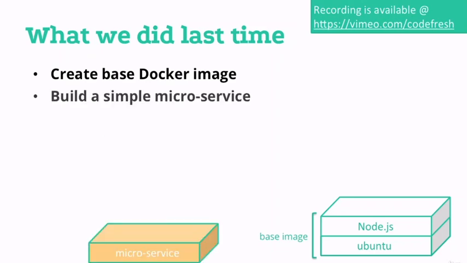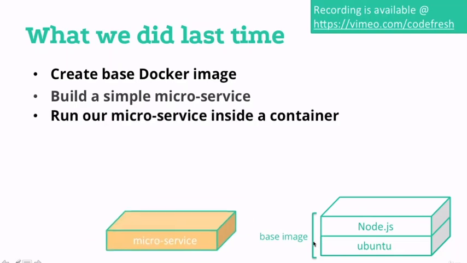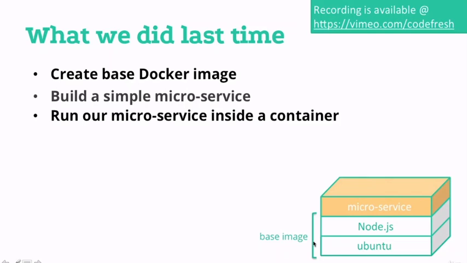Then we created locally a simple Node.js microservice, and following that we again created an instance, a container out of the base image, but this time we copied our microservice into this container. We ran npm install, npm start.